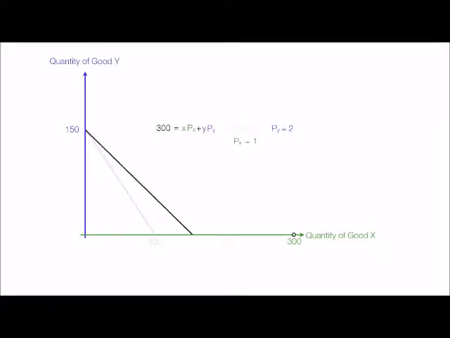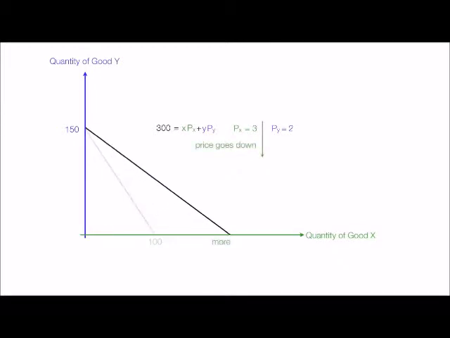So it rotates out because the consumer can consume more at a lower price. If the price of X goes up, the consumer can buy less of something, so the budget line rotates in like that. If the price of X goes down, the consumer can consume more of something, and the budget line rotates out like that.